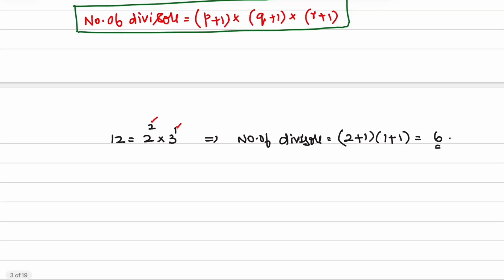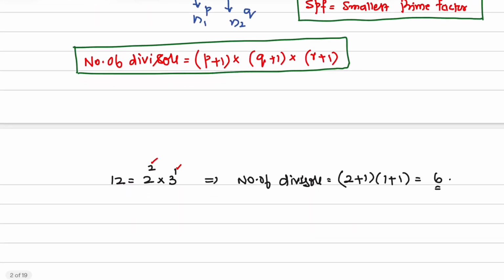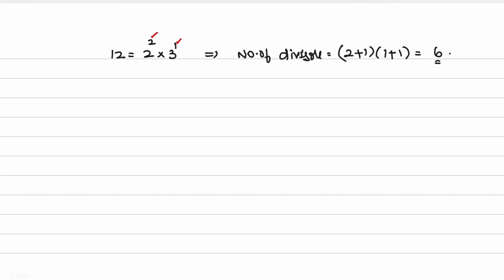In this particular question, 999 to the power of 999 is given, so we require the number of factors of it.